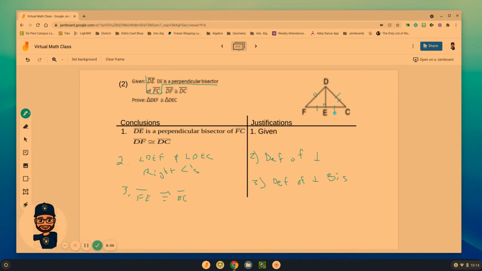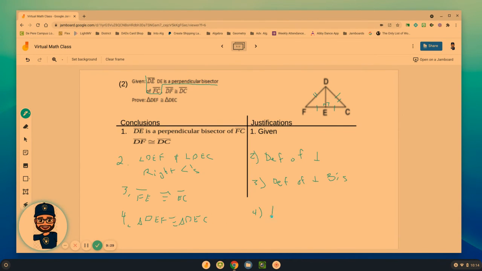And now, in these two triangles, I have a hypotenuse congruent to a hypotenuse over there, because they're right angles, and a leg, which means number 4 allows us to go right to saying that the two triangles are congruent. Triangle DEF is congruent to triangle DEC.